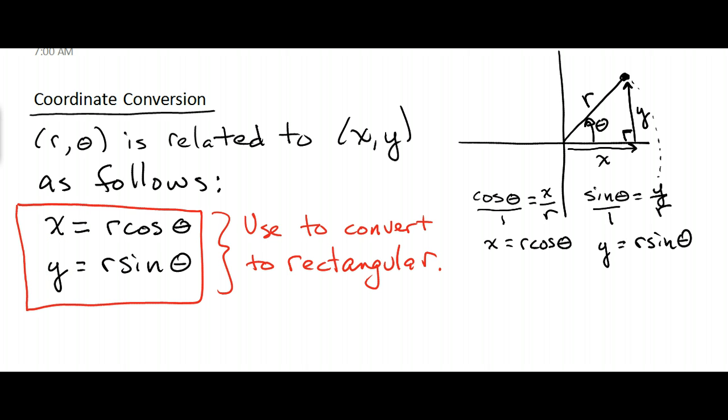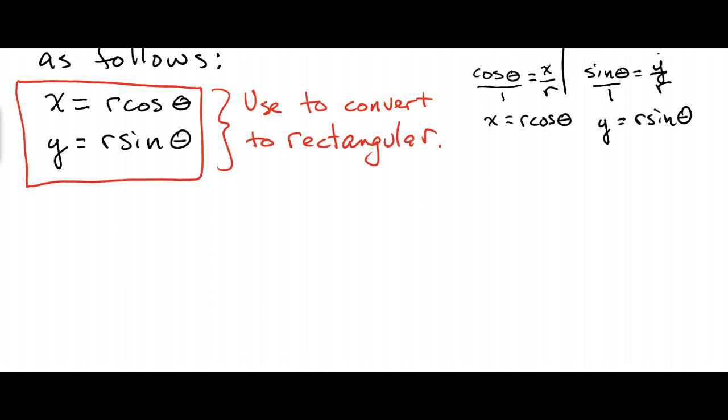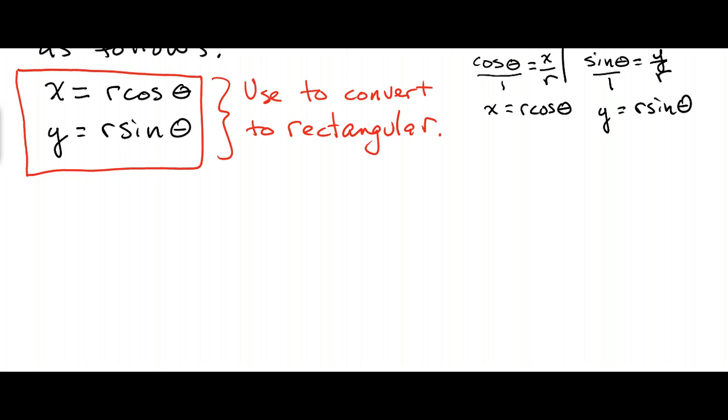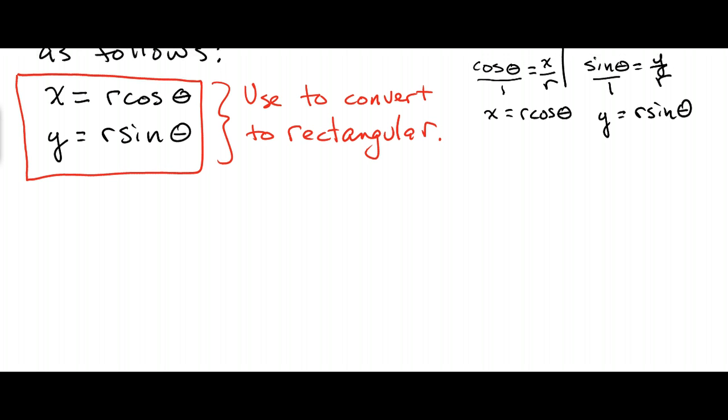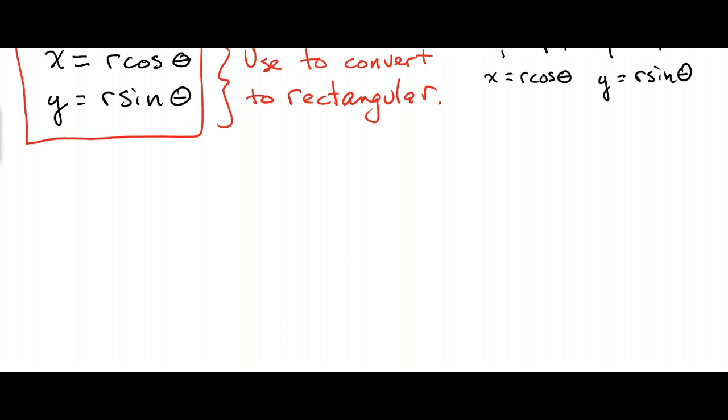Alright, so how about going the other direction? Again, using some right triangle trig, if I wanted to find the angle theta, one way that I could do it is theta is equal to the tan inverse of y over x.